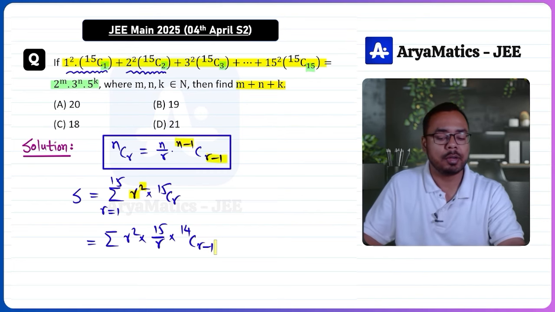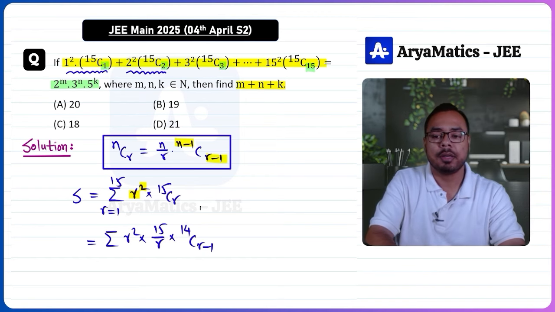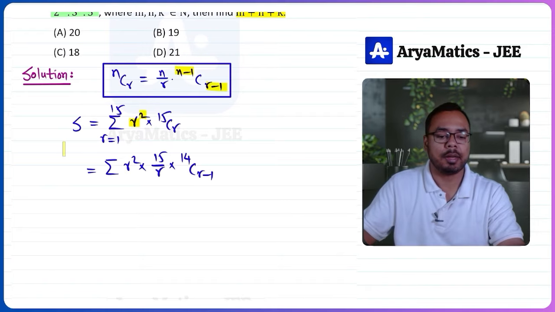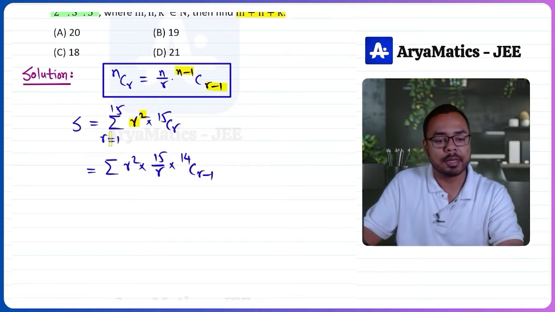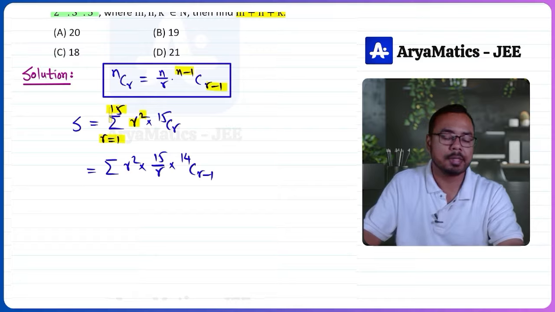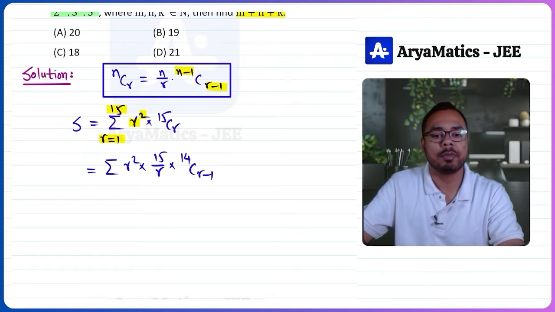So 15 by r into 14C r minus 1. The range for r is from 1 to 15, right? In the final step, we'll consider this one. For all of these, sigma r, the least value of r is 1, right? r can take all the values starting from 1 up to 15.